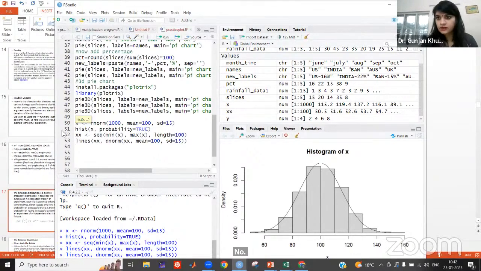And run each line also, because you are storing x and everything.